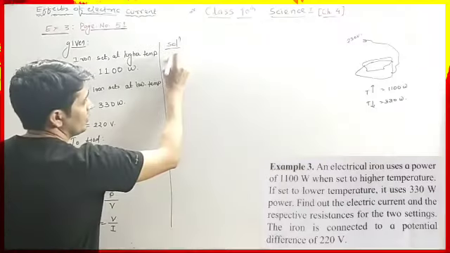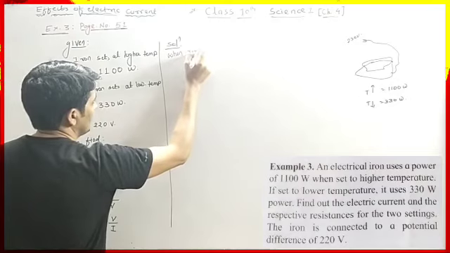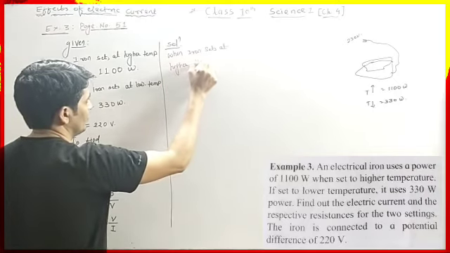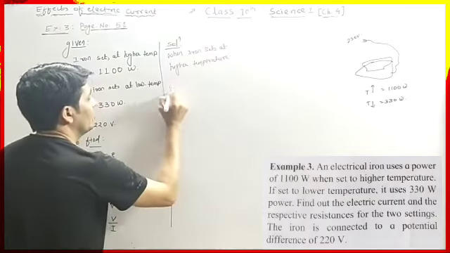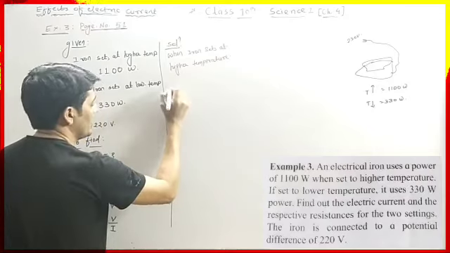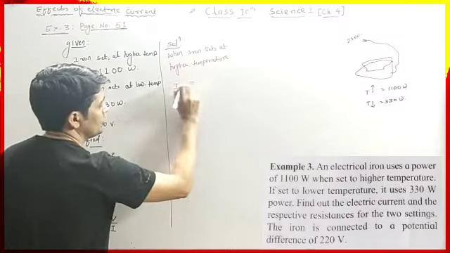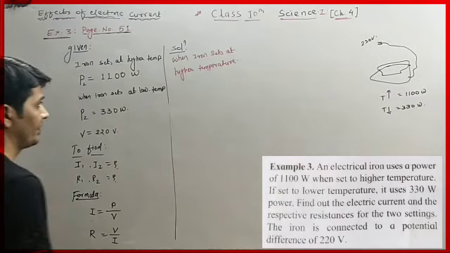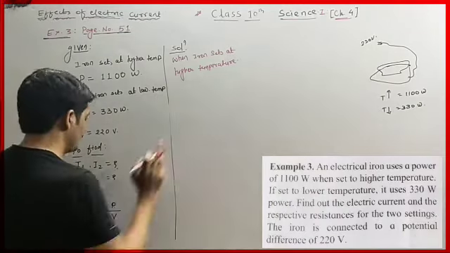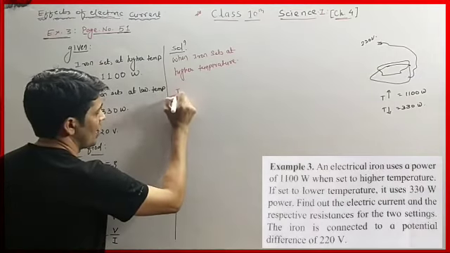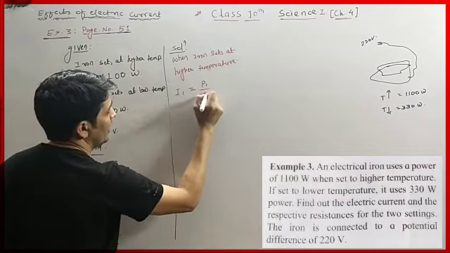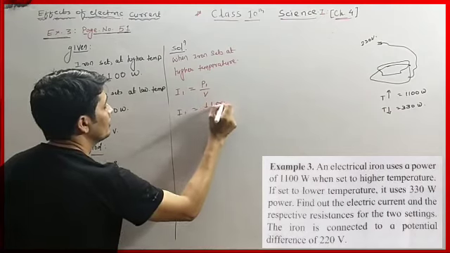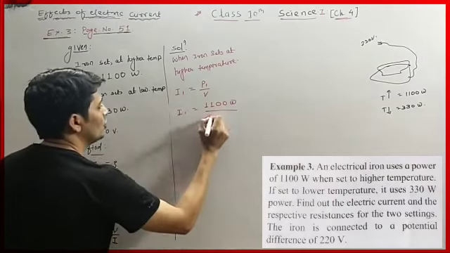First condition, when the iron is set at higher temperature, the power is P1, and we have to calculate I. So I1 equals P1 divided by V. P1 is 1100 watt, divided by 220 volt.